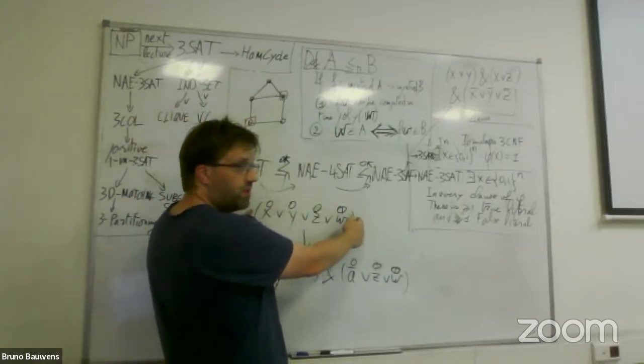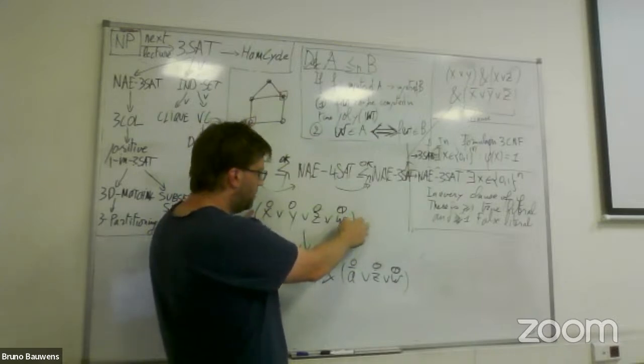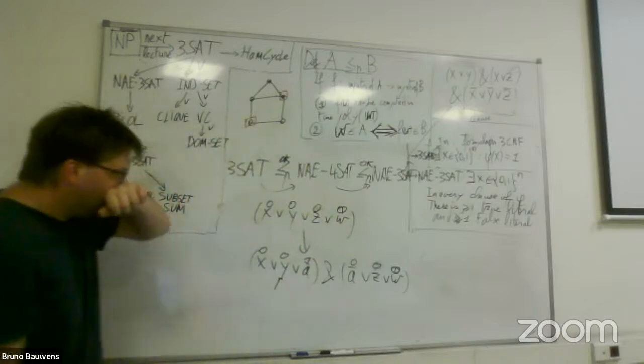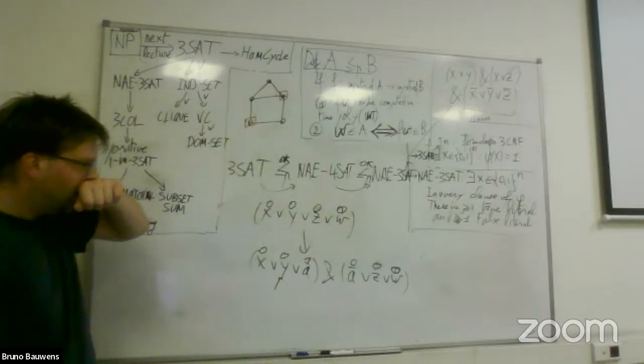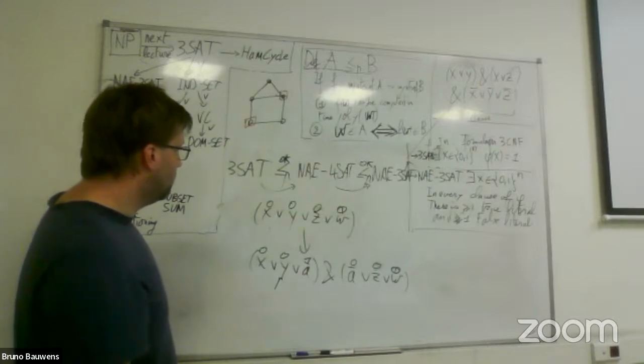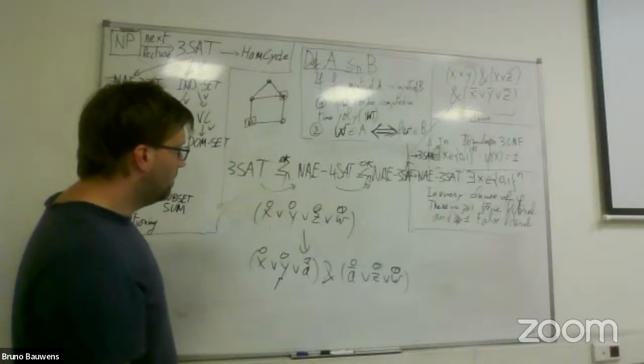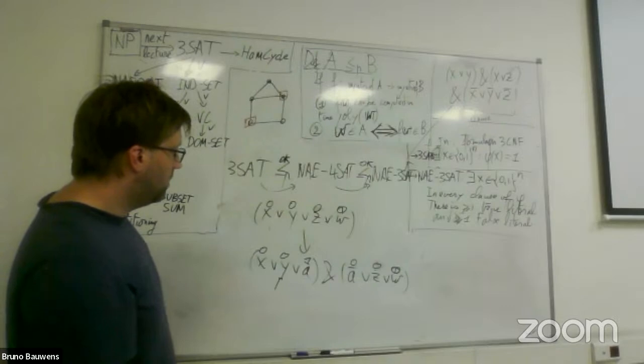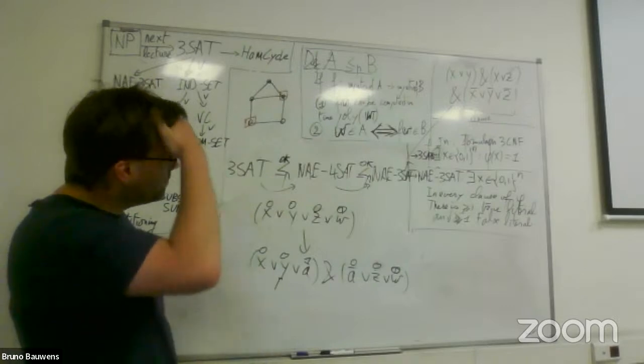Let's look at the clause with the problem. There is at least one clause with the problem. We look at the clause with the problem. There are only zeros in that clause.